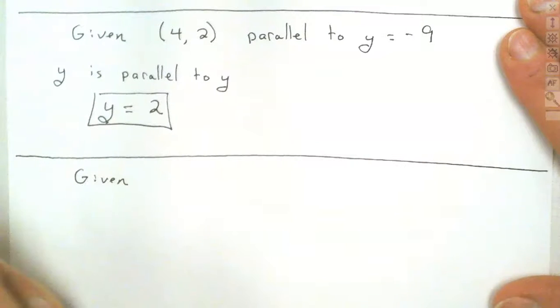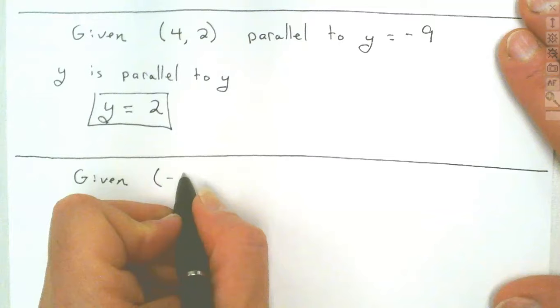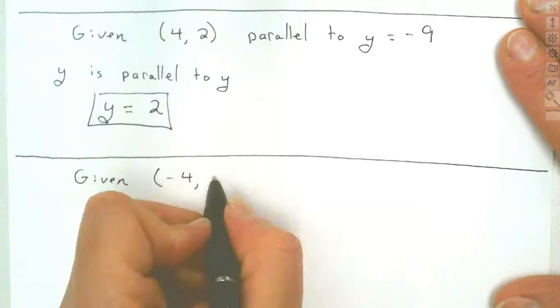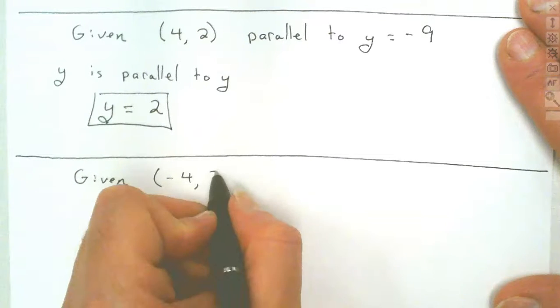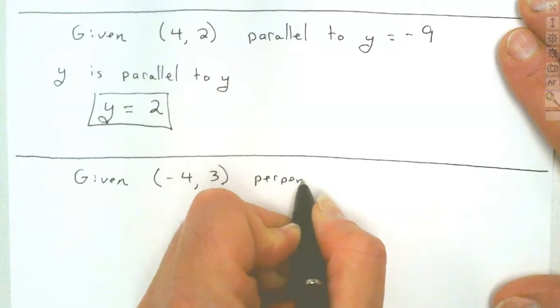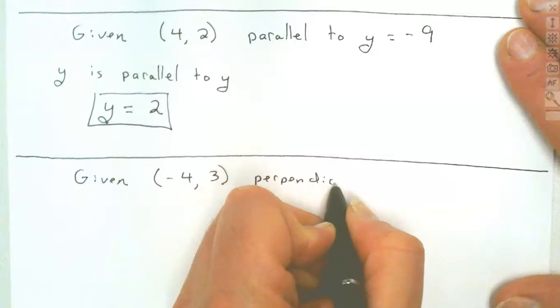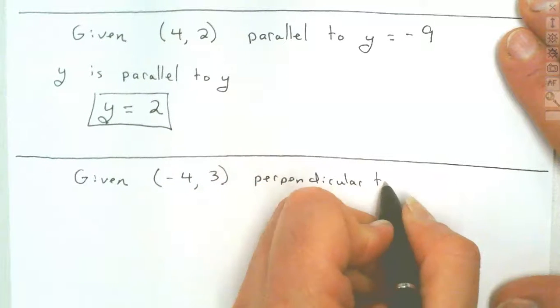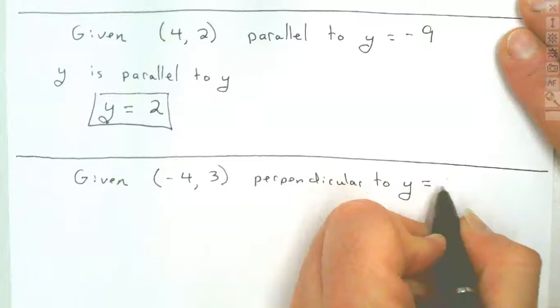So let's say you're given, again, another point. How about -4, 3? And in this case, we want to be perpendicular to y equals 7.